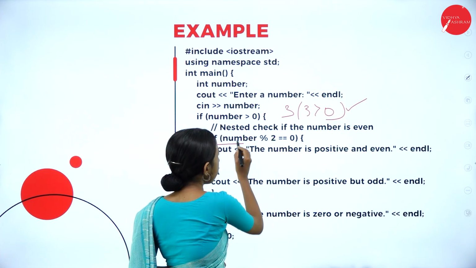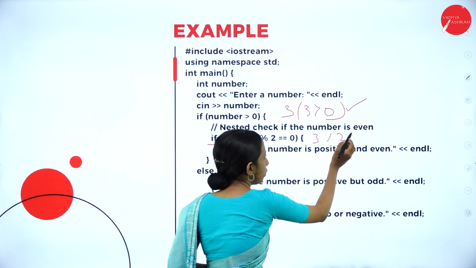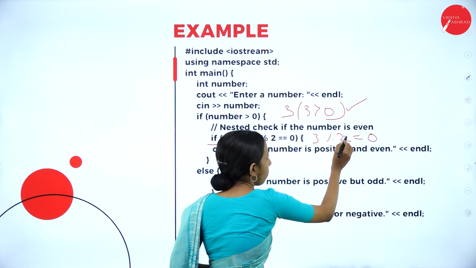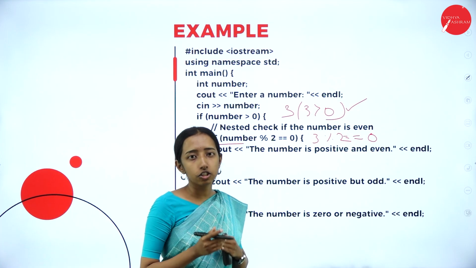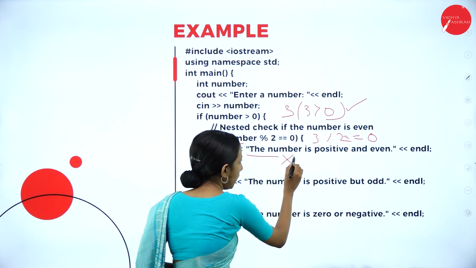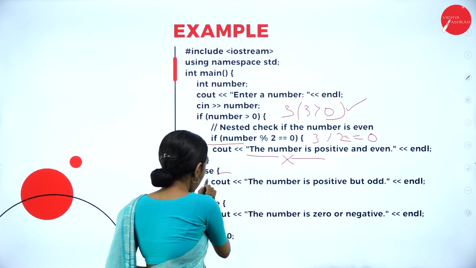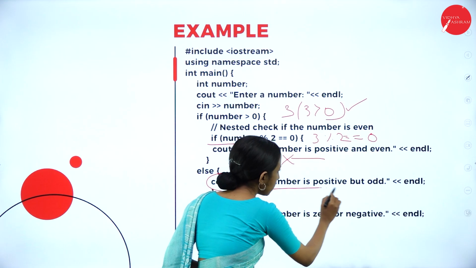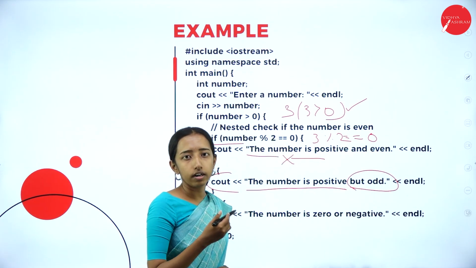Next, it will check if 3 modulus 2 equals 0. The modulus of 3 by 2 is not equal to 0, so this statement will not be executed. We will have Cout: the number is positive but odd. 3 is an odd number.